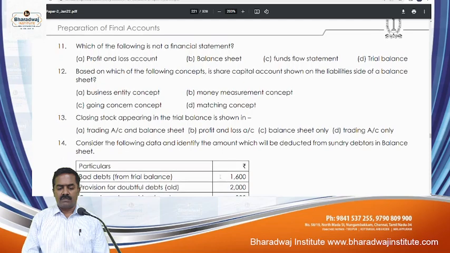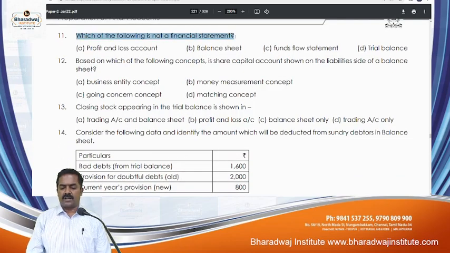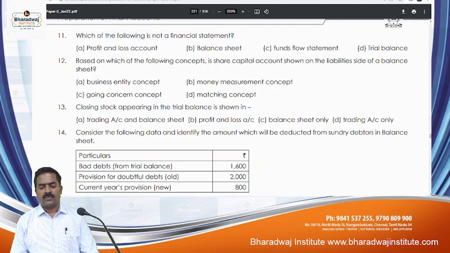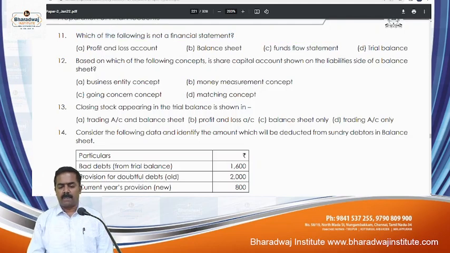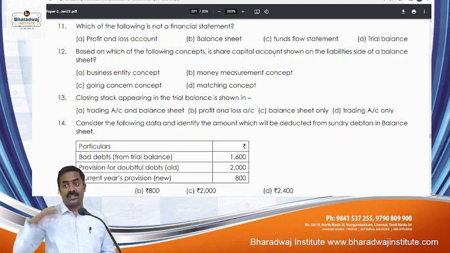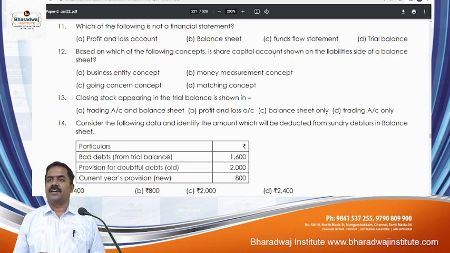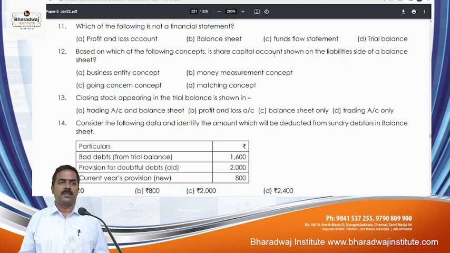Then, which of the following is not a financial statement? Fund flow statement is not there. Then, based on the following concepts, is the share capital account shown in the liability side? Why is capital account shown in the liability side? Concepts and conventions: dual aspect concept, business entity concept, money measurement concept.